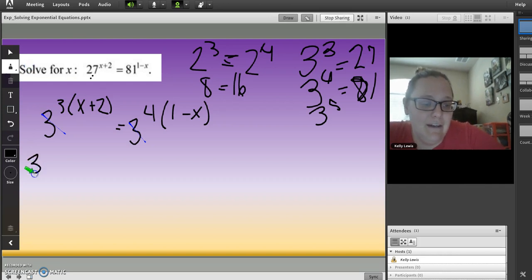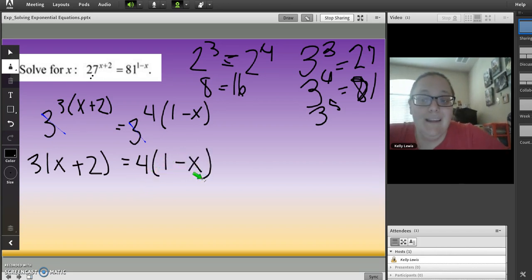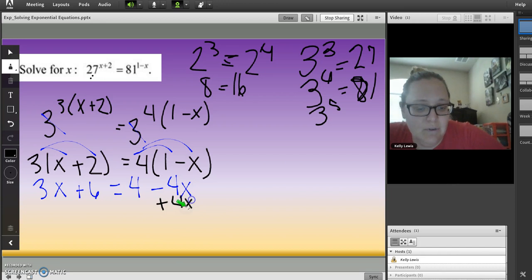Now I have 3 times x plus 2 equals 4 times 1 minus x, and I need to solve it. To do that, I'm going to distribute. I get 3x plus 6 equals 4 minus 4x. I like my letters on the left, so I'm going to add 4x to both sides.